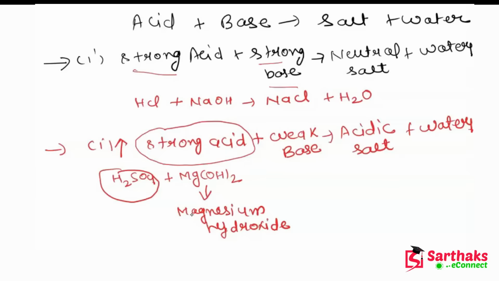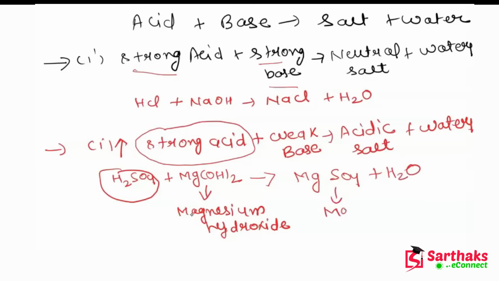So we get an instant relief. So guys, this is a weak base and when this reacts with H2SO4 which is a strong acid, it will form MgSO4, which is magnesium sulfate. Okay, and water is also formed.